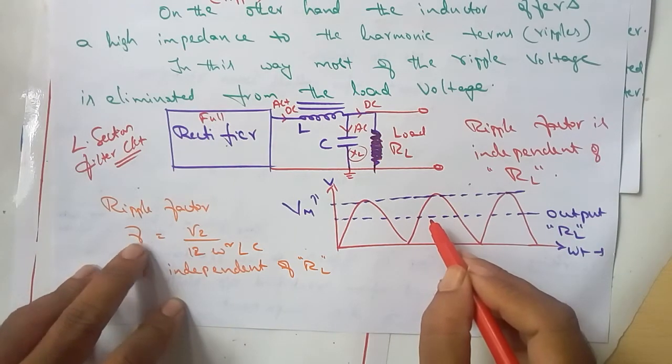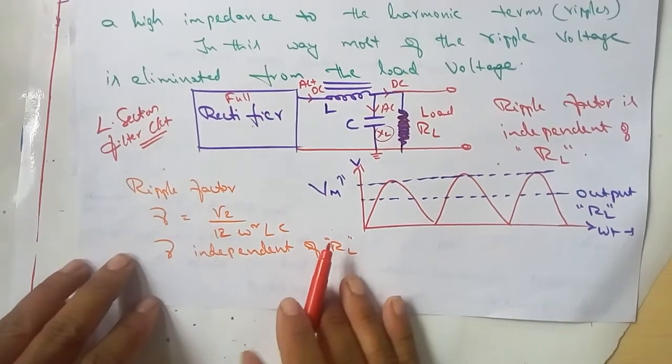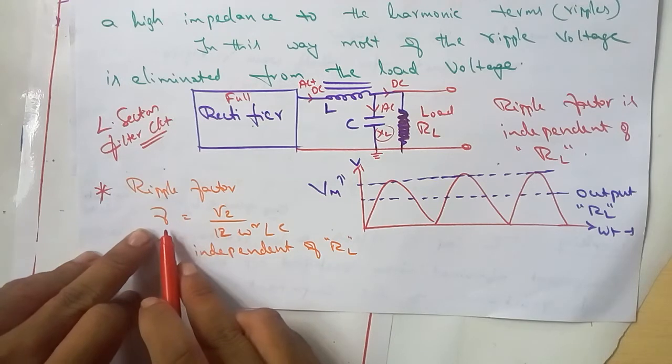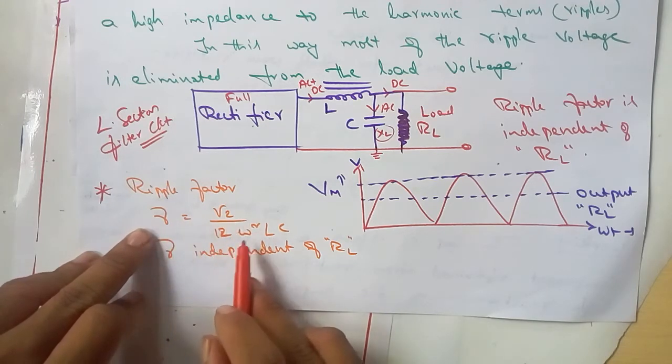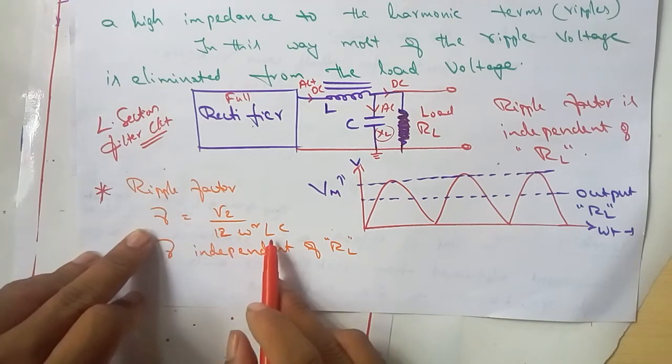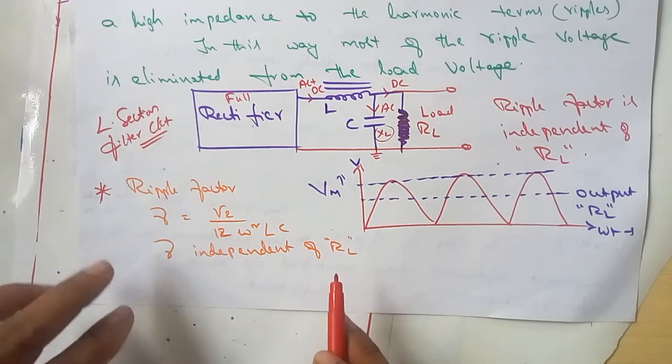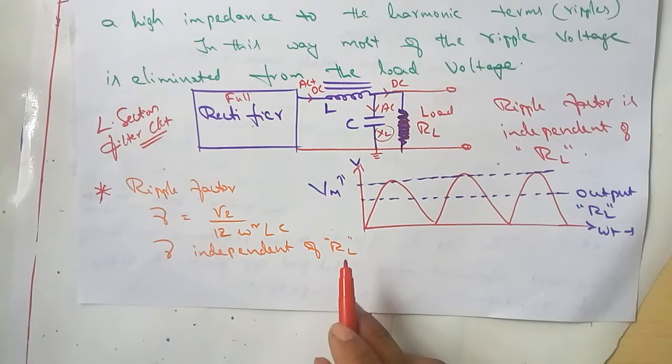Now the formula for the ripple factor: gamma is equal to root 2 by 12 omega square LC, where gamma is independent of RL. The ripple factor is independent of the load resistance RL.